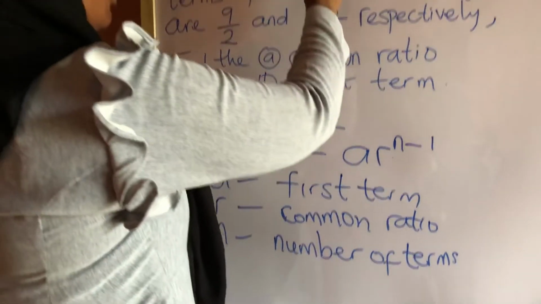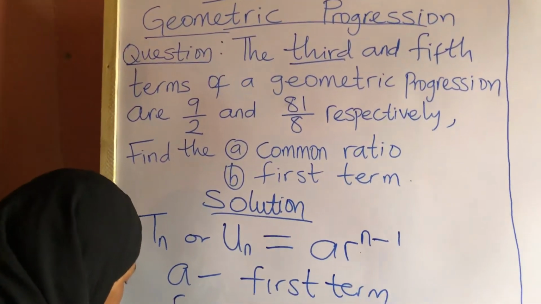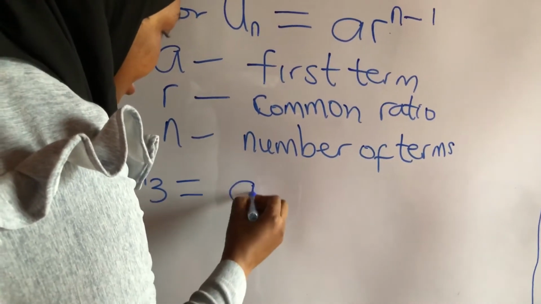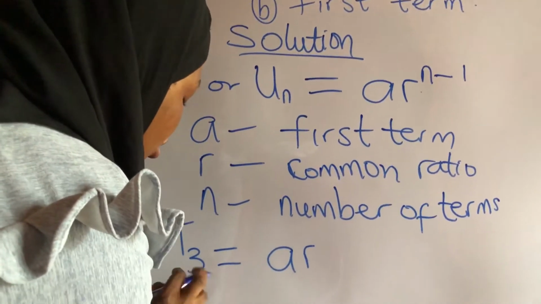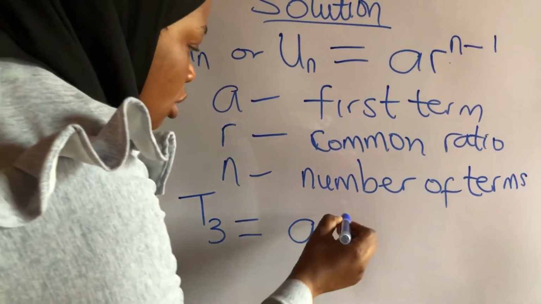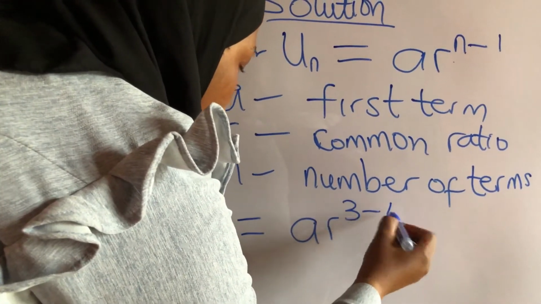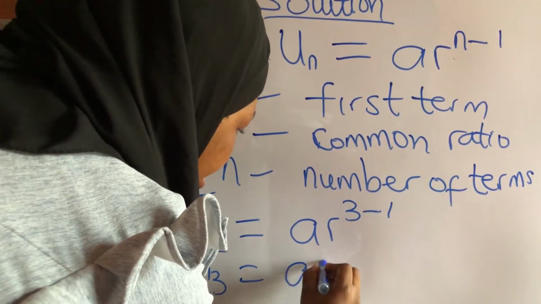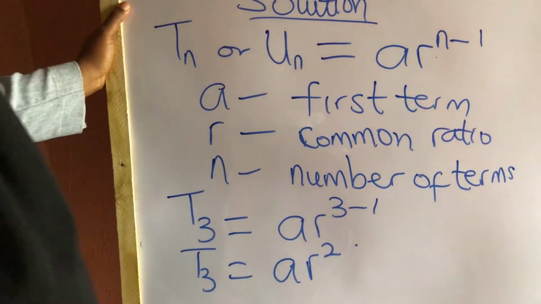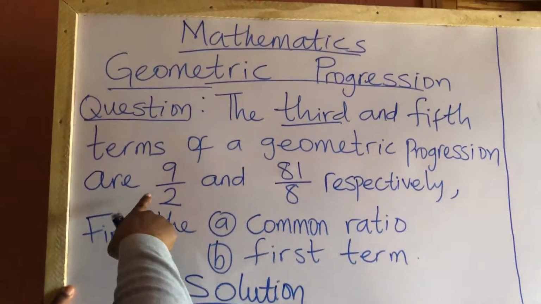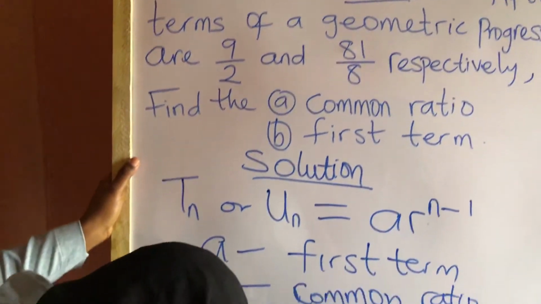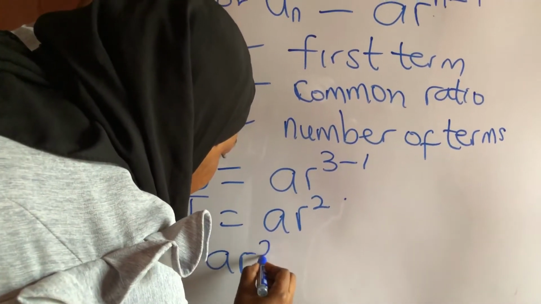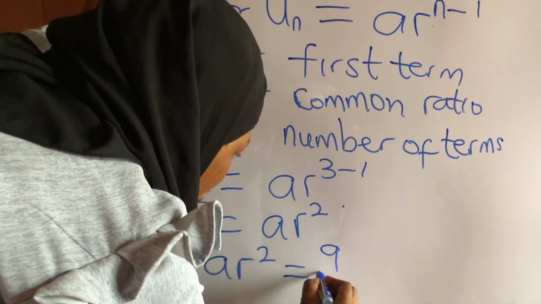So the third term, T subscript 3, is equal to A multiplied by R raised to the power of 3 minus 1. So the third term is equal to AR squared. Now it is 9/2. So A multiplied by R raised to the power of 2 is equal to 9/2.